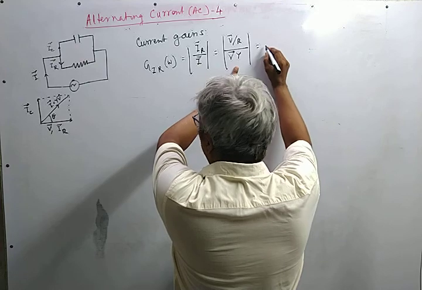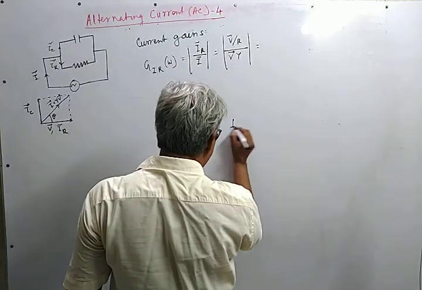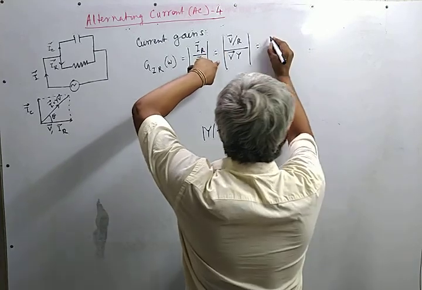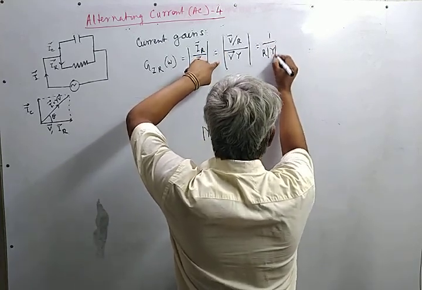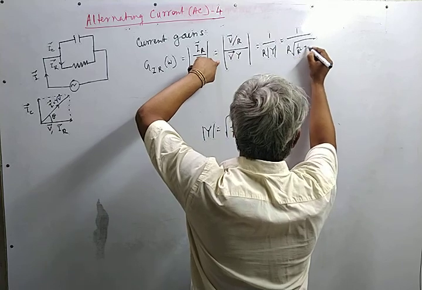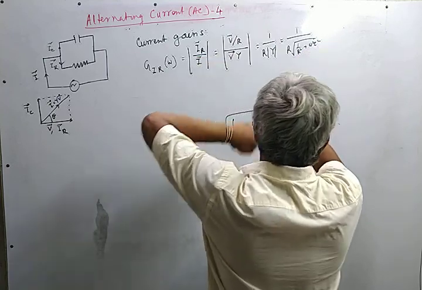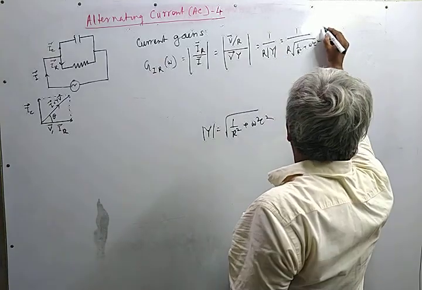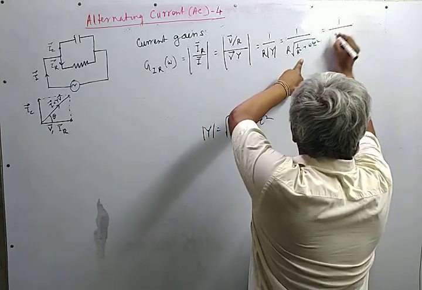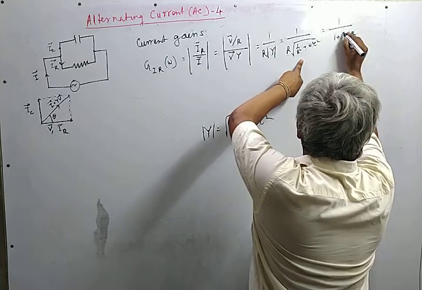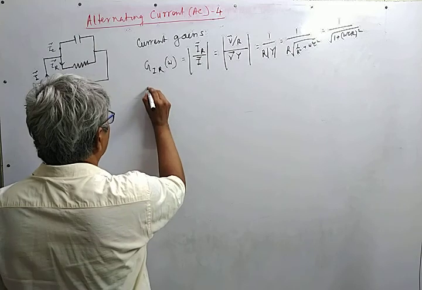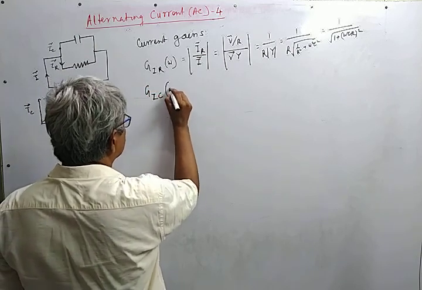We know the expression of Y. You recall that the magnitude of Y is 1 by R squared plus omega squared C squared under root, and if we multiply by this, it becomes 1 by and similarly we can define the current gain across the capacitor.